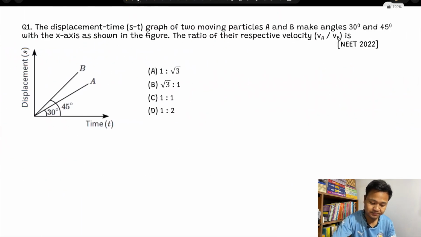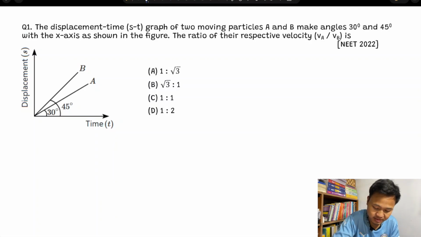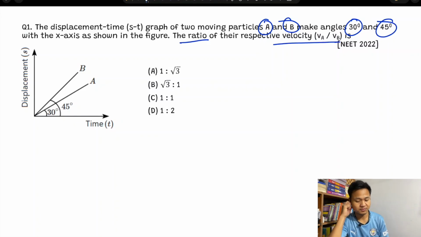Okay, first question. This is a NEET 2022 question. Let's see the displacement time graph of two moving particles A and B. They make angles 30 and 45. What is the ratio of their respective velocities?